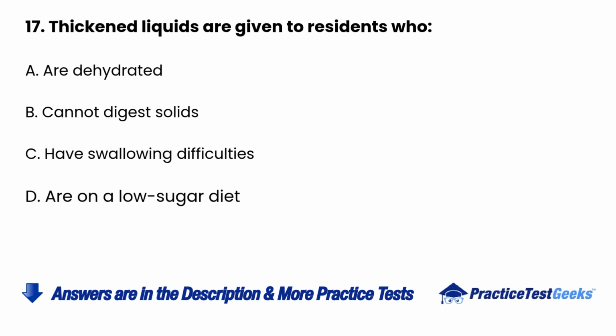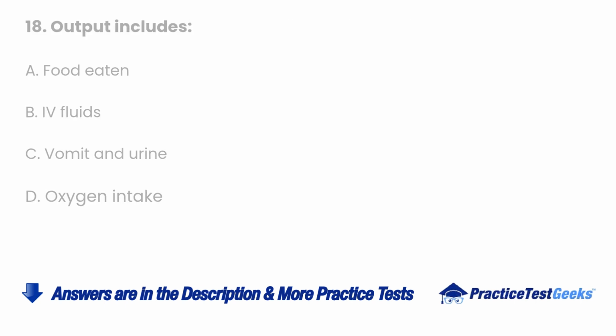17. Thickened liquids are given to residents who A. Are dehydrated. B. Cannot digest solids. C. Have swallowing difficulties. D. Are on a low-sugar diet. 18. Output includes A. Food eaten.